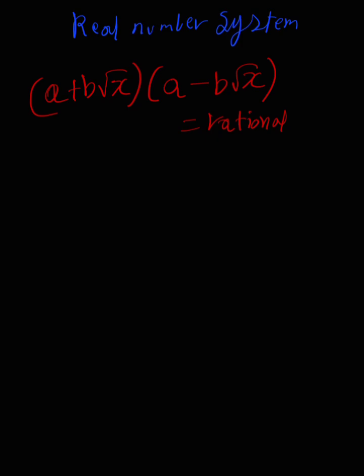Now the condition for a and b is that both of these numbers must be rational. Okay, that's a very important condition. So they must be able to be written in the format of p by q. That's the first condition.